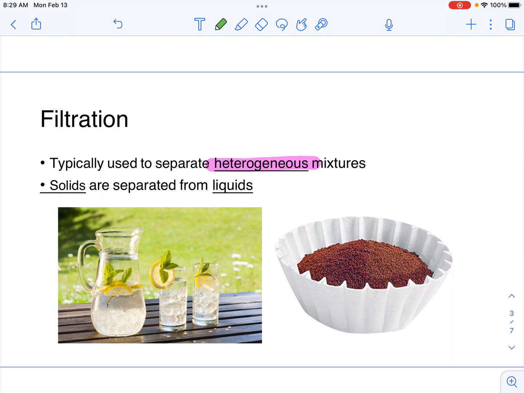If I had a mixture of, let's say, sand and water, and I wanted to recover the sand, then I could run it through some filter paper. The sand is going to be left on the filter paper, water is going to go through. Most of you guys are comfortable or have filtered something in the past, and we kind of know how those work.